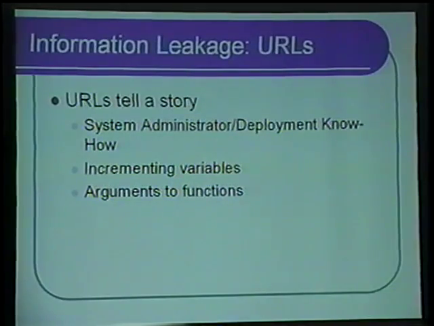Does your file not found error that you return, is that the same or different from access denied? It's completely different, because if I know something exists, that itself is enough information to potentially say an exposure exists in this case. Whether that is I can attempt to see if you have your latest patches because of a known vulnerability, et cetera, et cetera. Understand that URLs are very important.